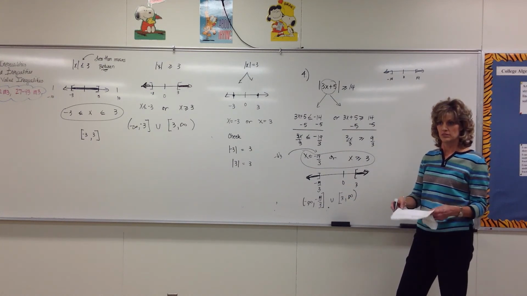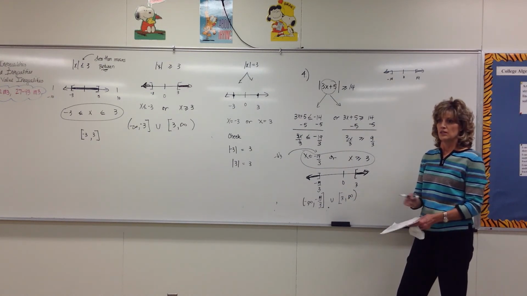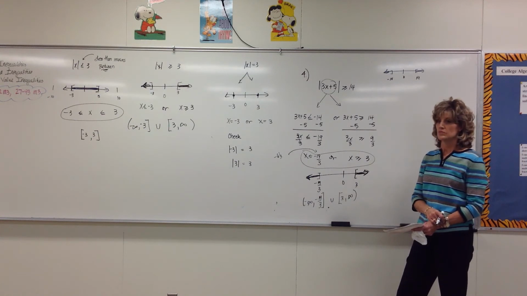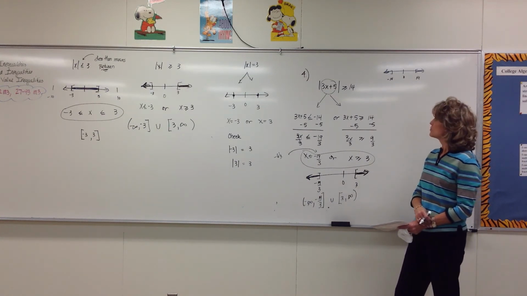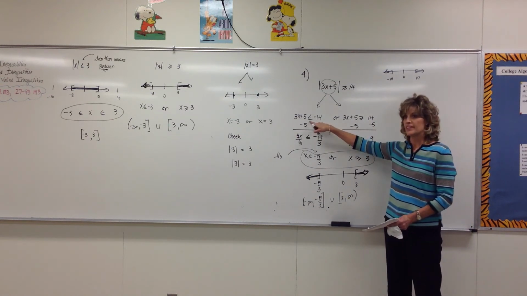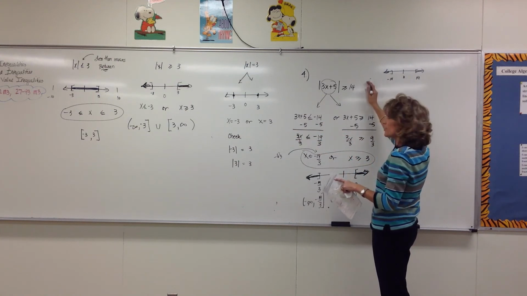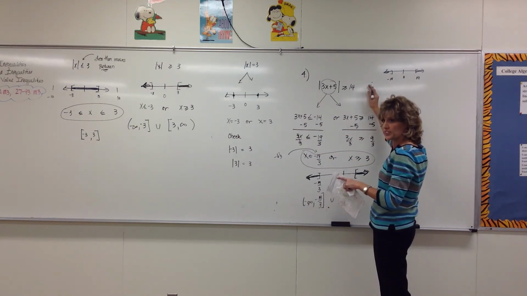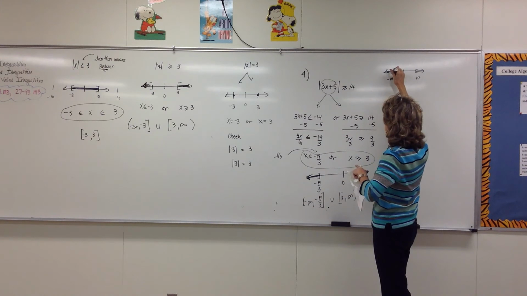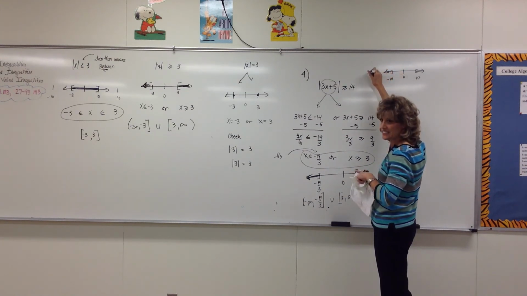Question? So, when we have those two answers, like at the very beginning, you have to switch the signs over when it's a negative? Over right here? Yes. Yes. Because it's got to be farther out than 14 away from 0, the numbers that you're standing on have to be getting less.